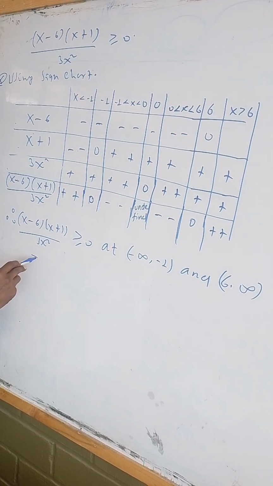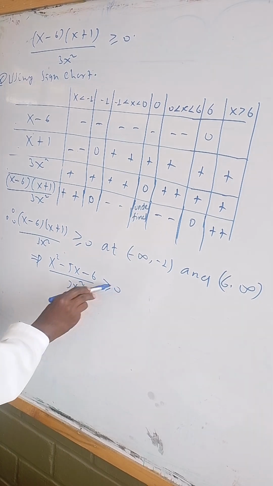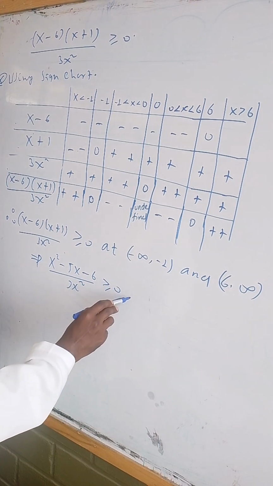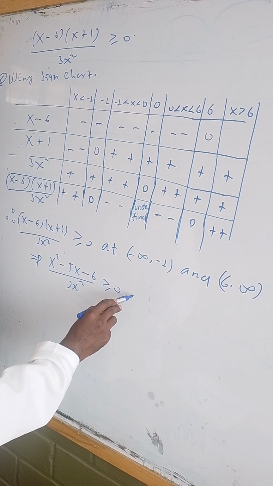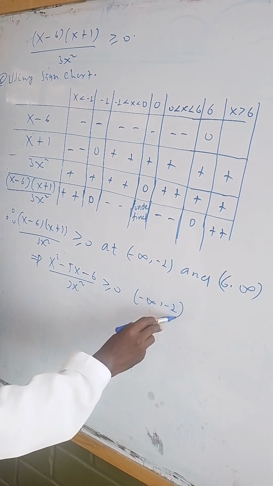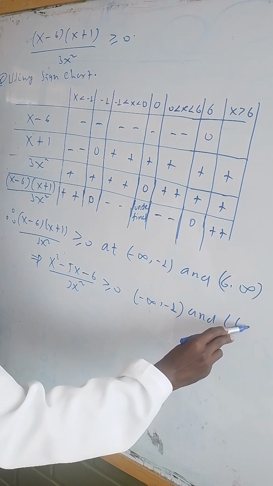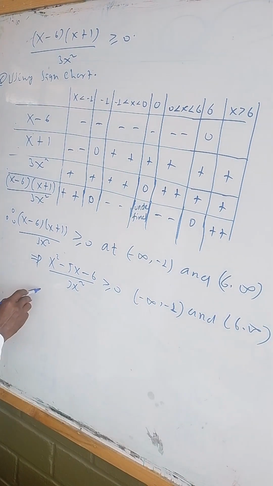Therefore, (x² minus 5x minus 6) divided by 3x² is greater than or equal to 0 on the interval negative infinity comma minus 1, union 6 comma positive infinity.